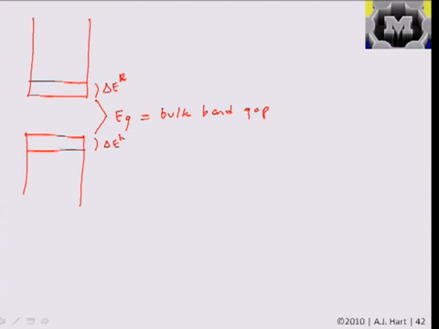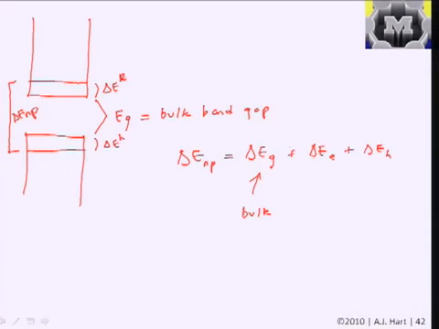And therefore, to quantify the allowable energy differences in this nanoparticle, we can say that this delta E for the nanoparticle is equal to the bulk band gap plus a change in energy on either side for the relative position of the electron and the relative position of the hole.